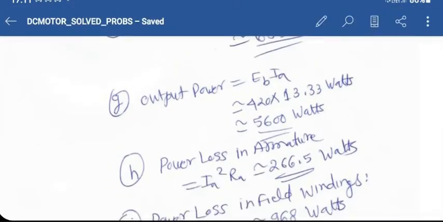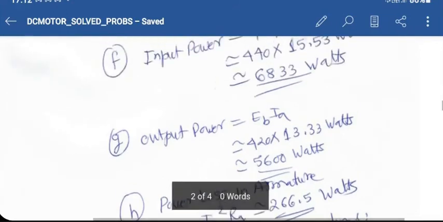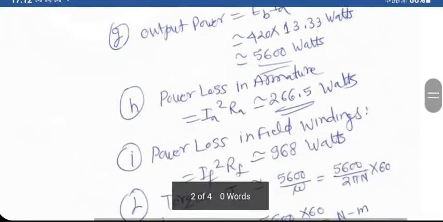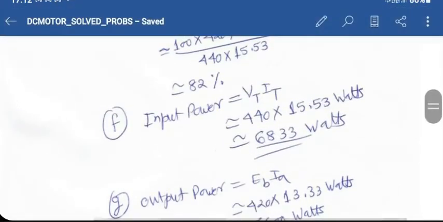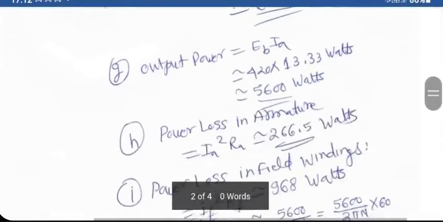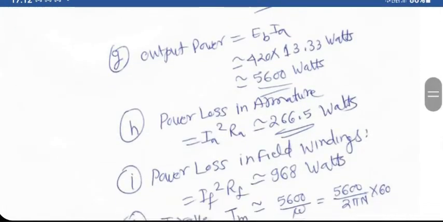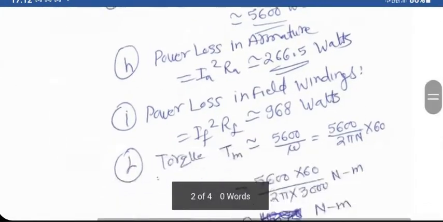If your calculations are right, input power minus IA square RA minus IF square RF should give you output power, which I calculated directly from EB IA. But I could have calculated it the other way around also by subtracting 266.5 plus 968 from 6833 approximately. Double check that power balance is there in the calculation.